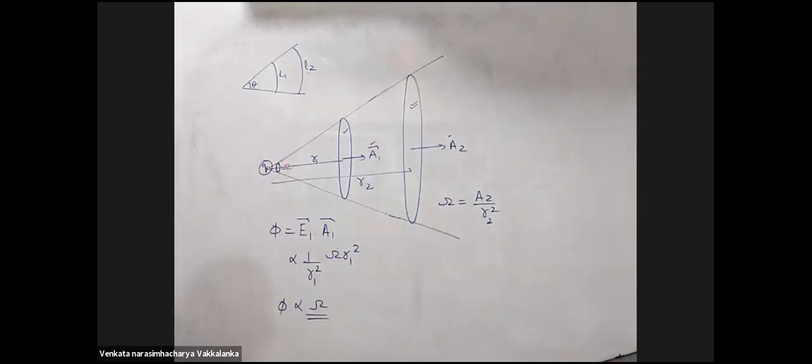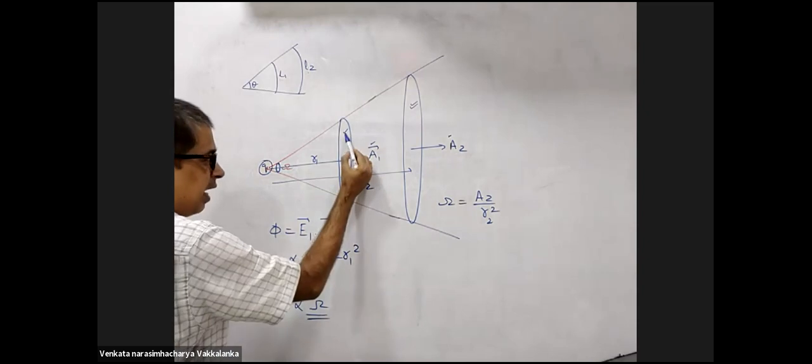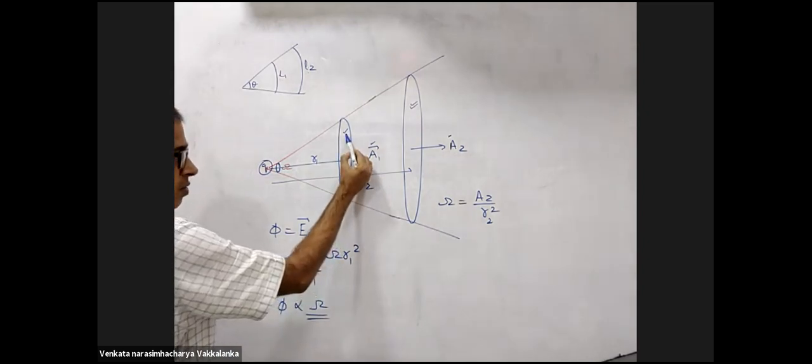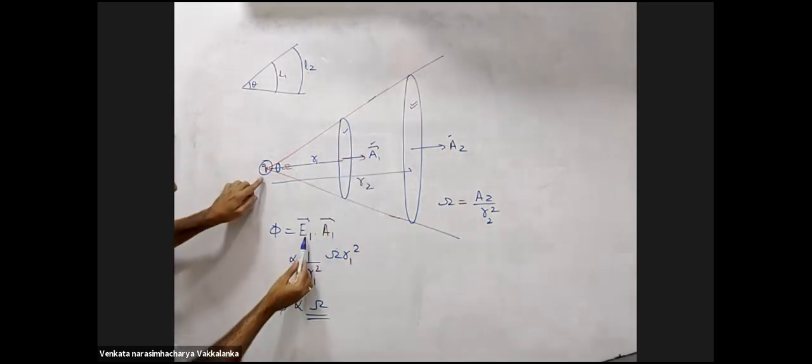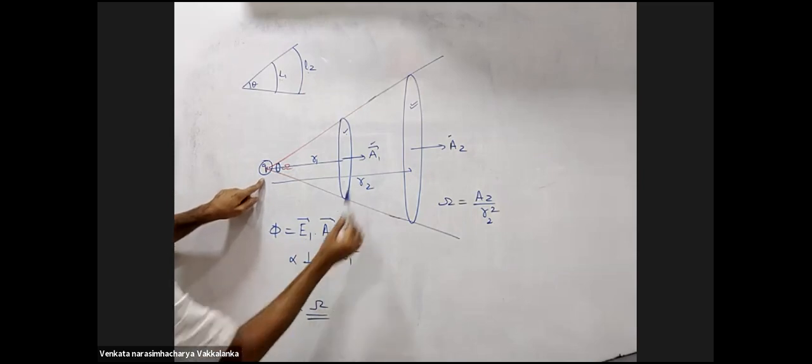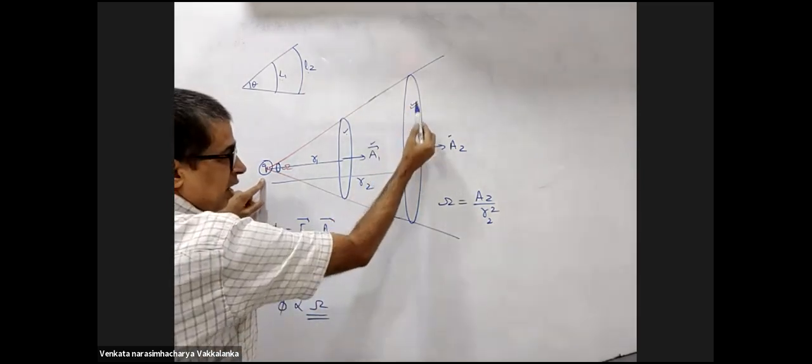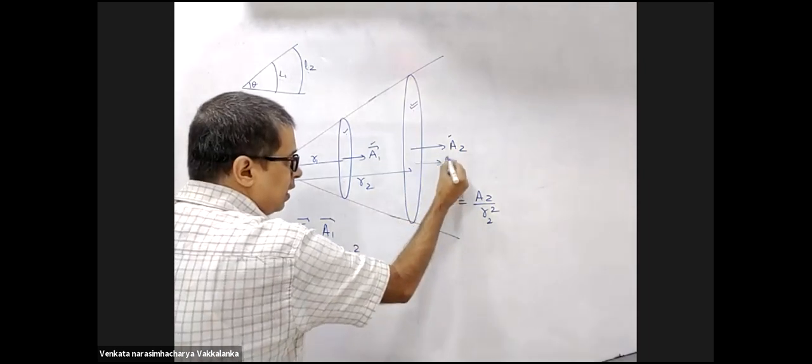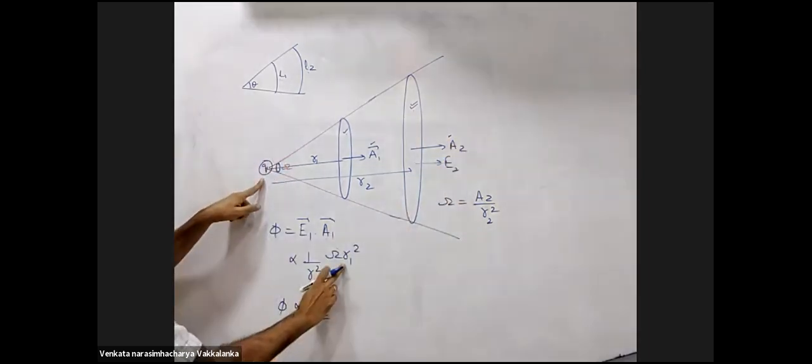Now listen, most important. When I calculate flux through this, it will be E1 dot A1. When I calculate flux through this, it will be E2 dot A2.